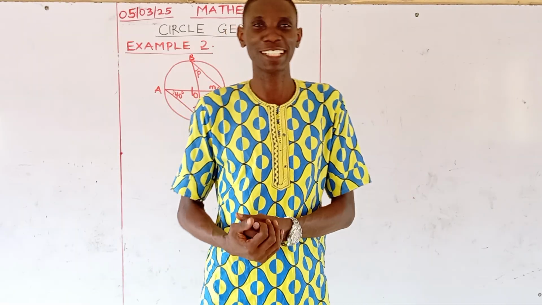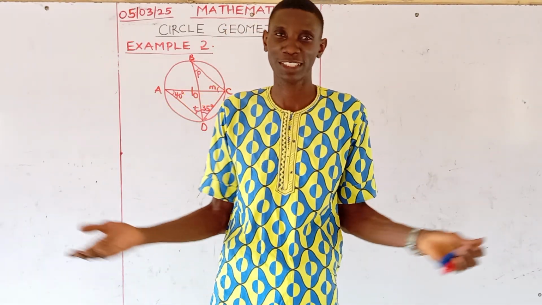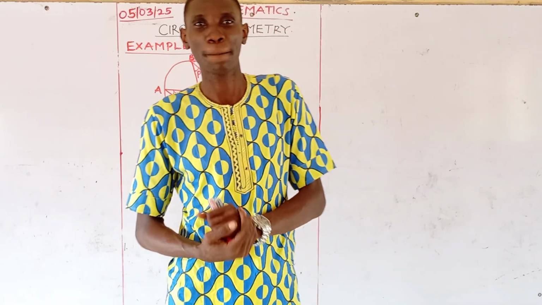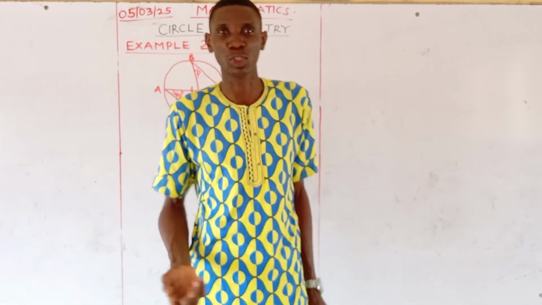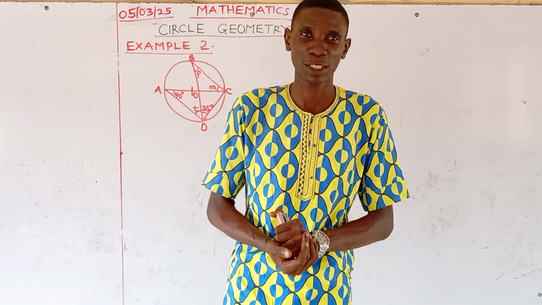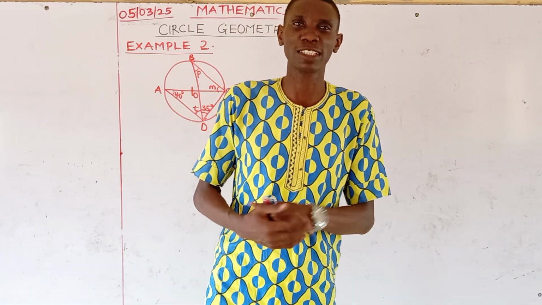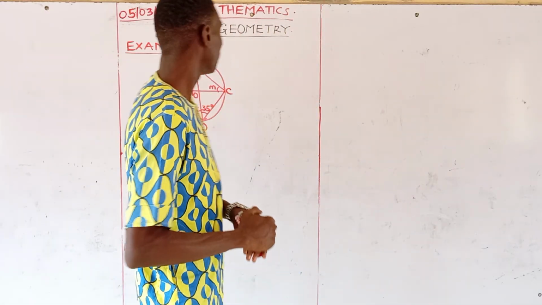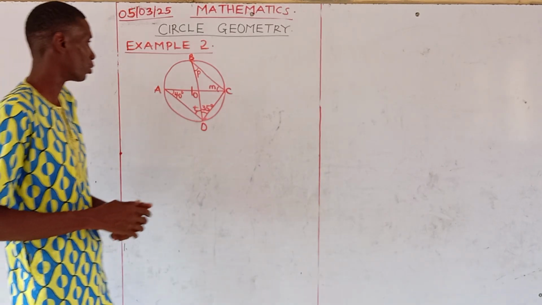And welcome back once again as we continue from where we stopped yesterday. Don't forget that we wrote 2 examples yesterday, and you saw the first one. So today, we are working on the second example. Let's see how this question should be solved.